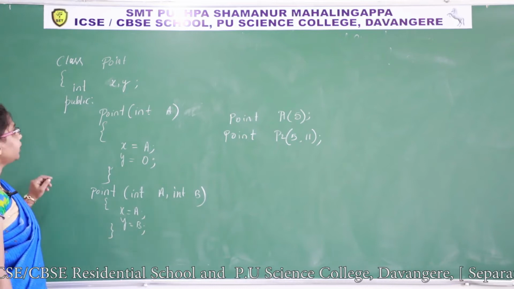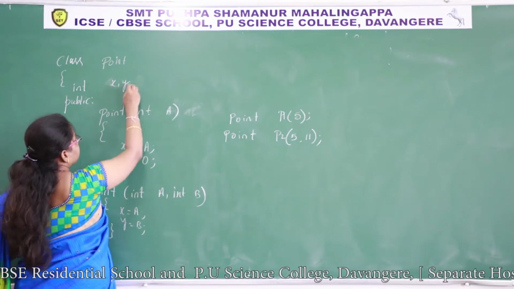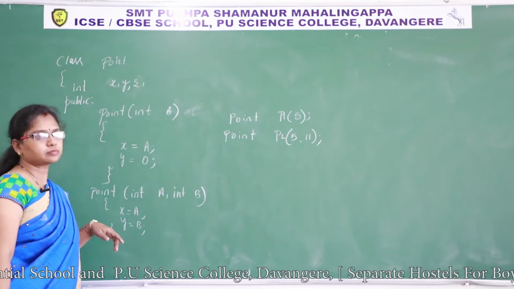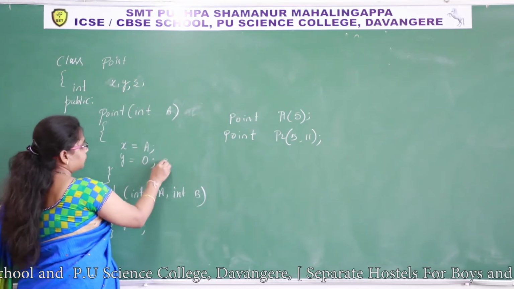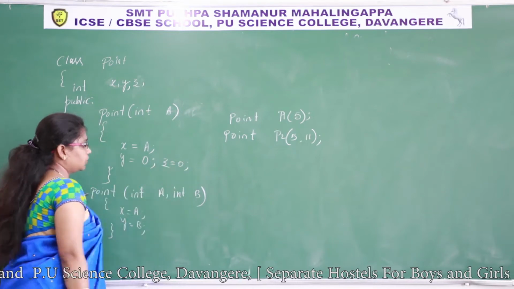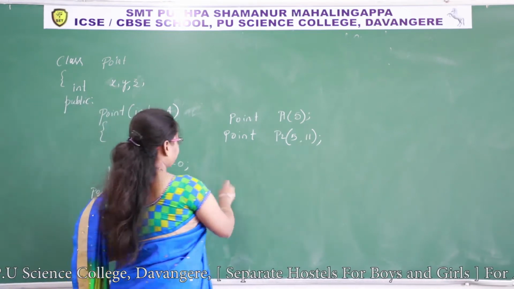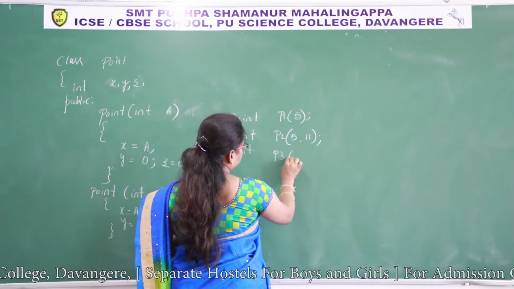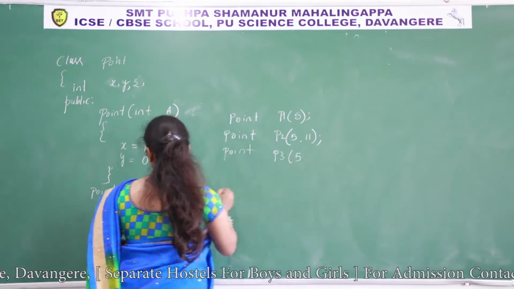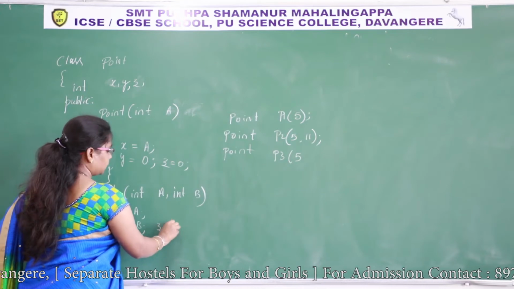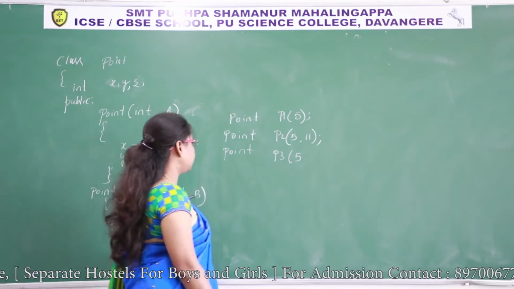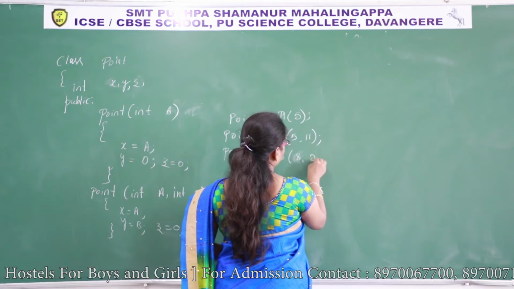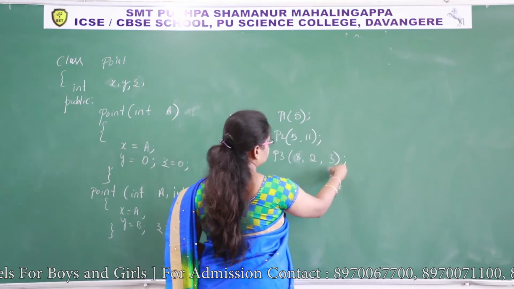If the point is in space, coordinates in space, I'll take another variable Z. Here I'll make Z equal to 0. If I take one more point P3, now I'll pass all the values, 8, 2, 3.